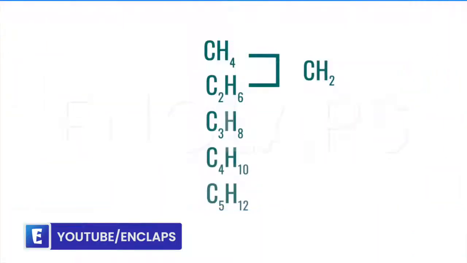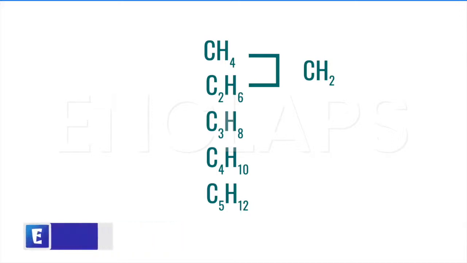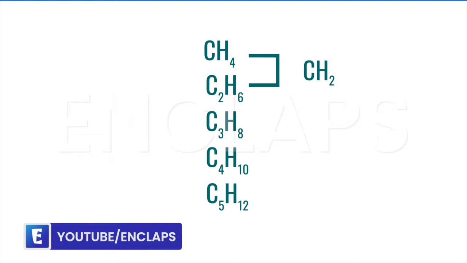How many carbon and hydrogen atoms differ between adjacent alkanes? One carbon atom and two hydrogen atoms, right? Then what is the difference between the molecular formula of any two successive alkanes? CH2, right?